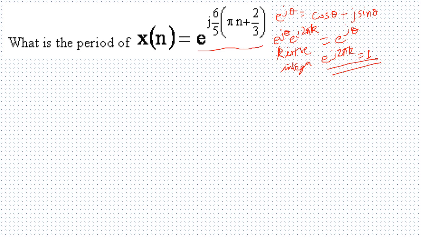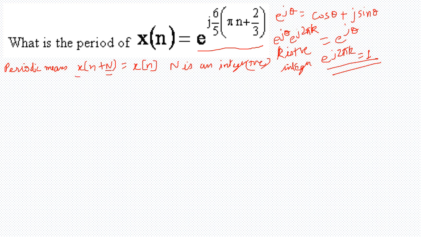So let's start. First, what is periodicity? Periodic means x[n + N] = x[n], where N is a positive integer.